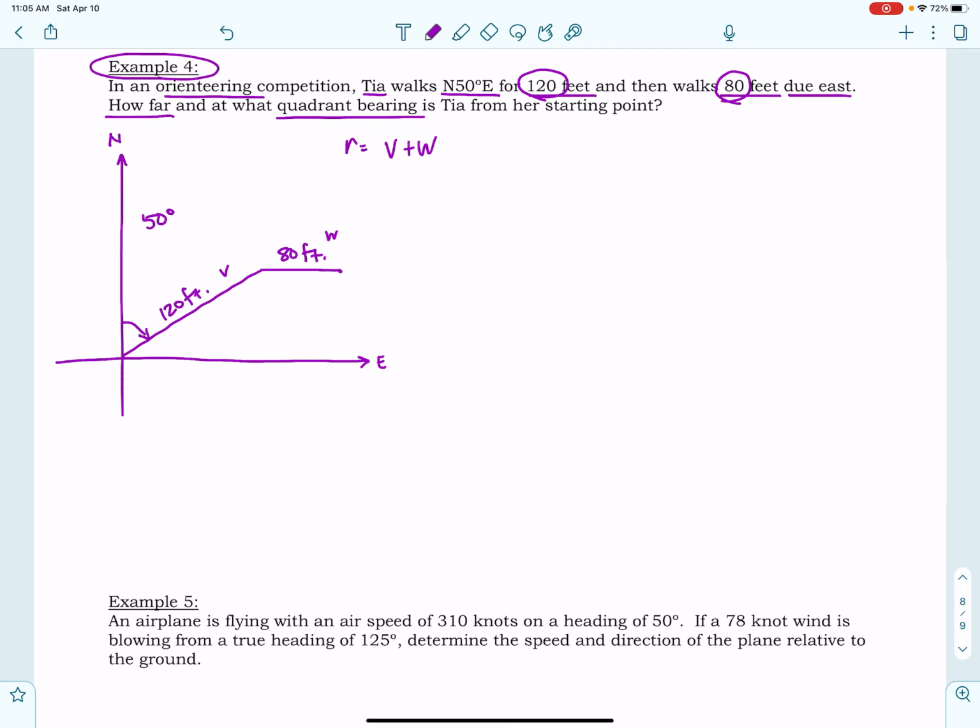All right, so V is going to be 120 times the cosine of the direction angle. Well, the direction angle starts positive x and goes here. So that's going to be 40 degrees. So V, when I type this into my calculator, gives me 91.9 and 77.1.